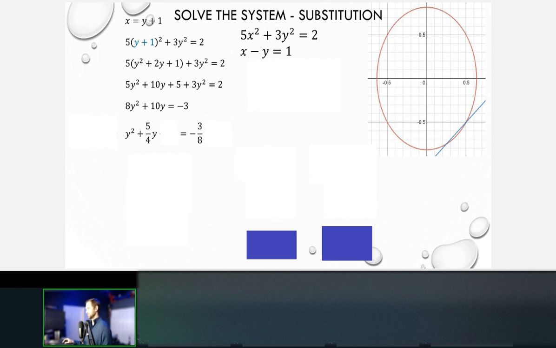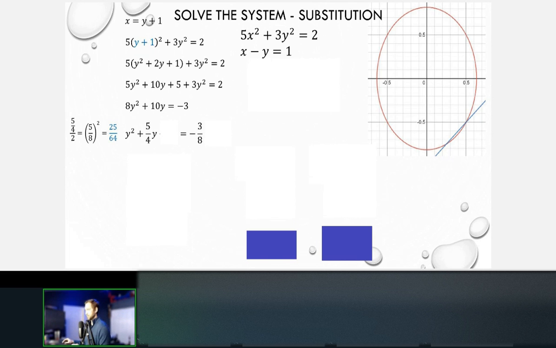And leave some space. If you did your practice problems in the learn and practice modules, you should have come across problems where you had fractions when completing the square. So this shouldn't be new to anybody. All right. Complete the square. We're going to take that 5/4, divide by 2, and then square it.